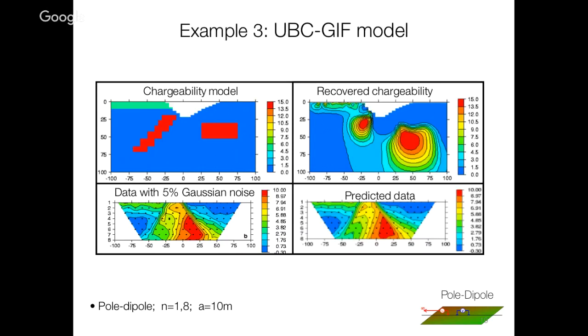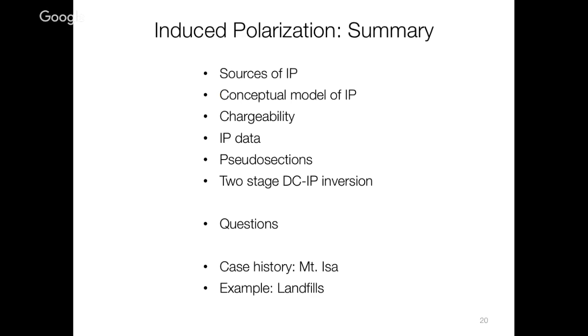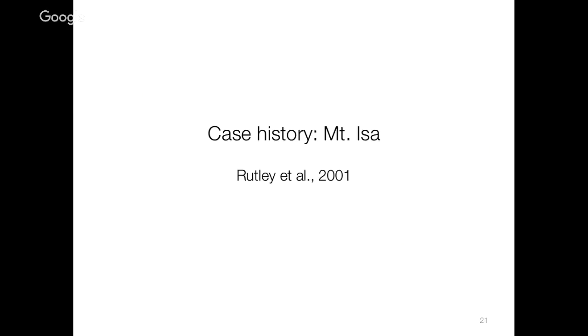And in the GIF model, we start with this, and we find two chargeable bodies. So that looks pretty good. Okay, so that's the background. So it's very related to the DC resistivity. They're all done at the same time. Just collect data in the off time and then see what you can do with it.